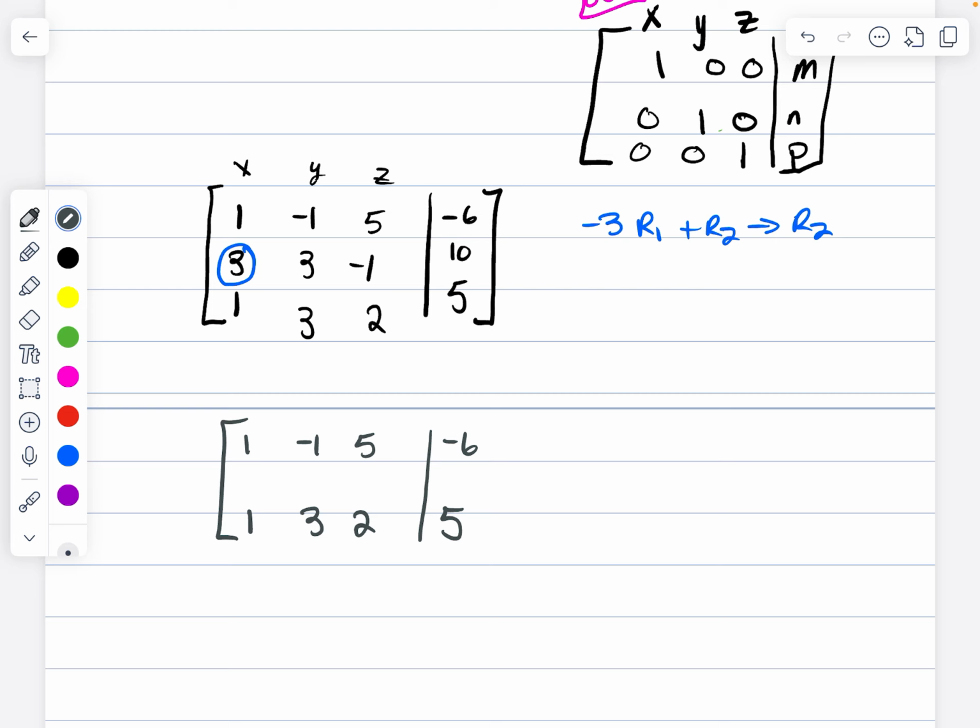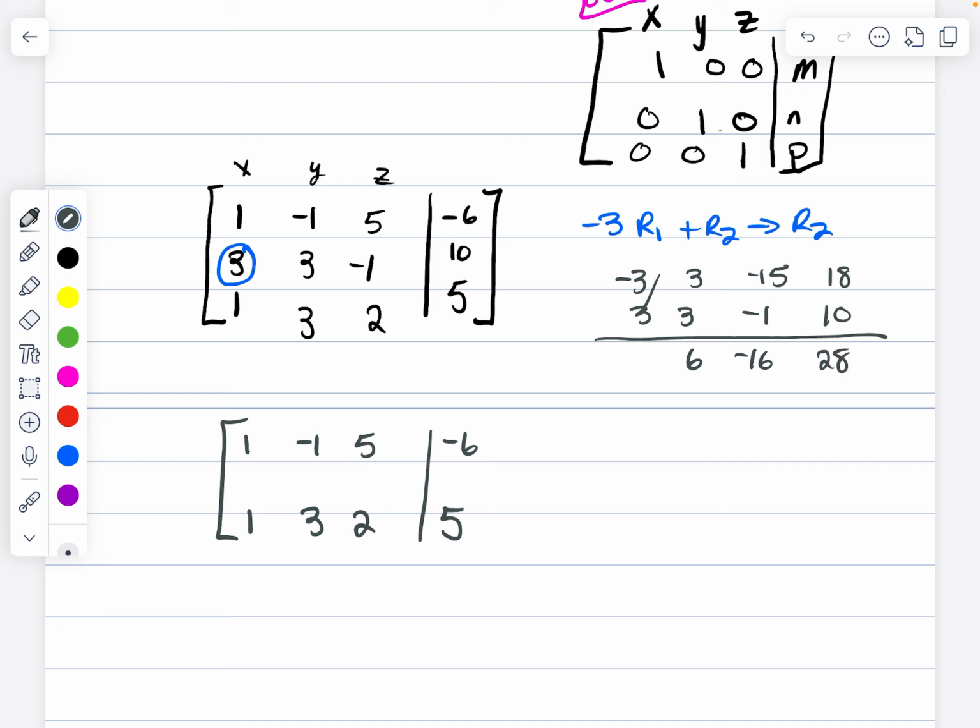And then from here, negative 3 times row 1 would be negative 3, positive 3, negative 15, and then 18. And we're going to add that here. When we do that, that'll give us 6, negative 16, 28.